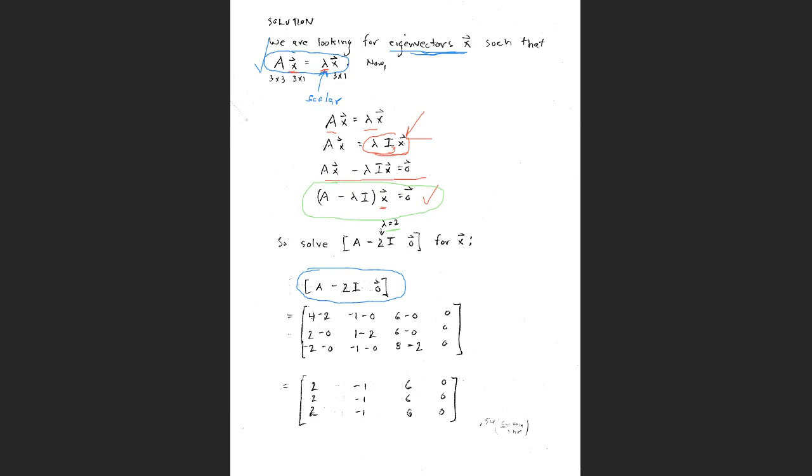A minus 2 times I is computed as you see here: I'm taking the elements of the matrix A and subtracting the elements of the 3 by 3 identity. This yields the system down here at the bottom.